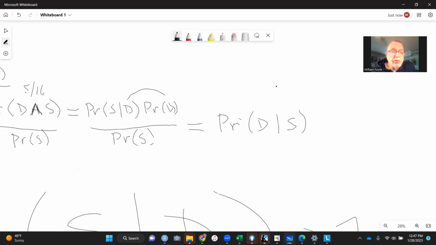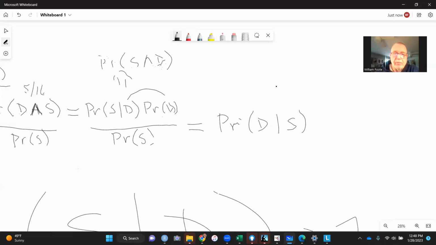So it's a ratio of two things. Now remember what's in the top here. This is the joint probability of S and D, which is the same as D and S. That's what is in the numerator.